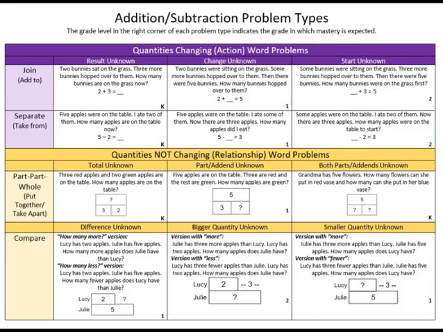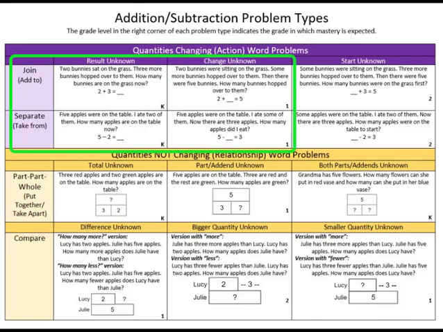Students are introduced to each of these problem types at a different grade level. Looking at the chart, you'll notice that in kindergarten, children are introduced to result unknown word problems, both join and separate situations. In first grade, we introduce students to the change unknown word problems, both join and separate.